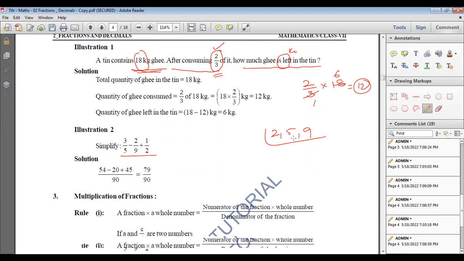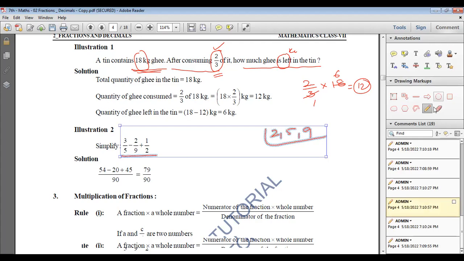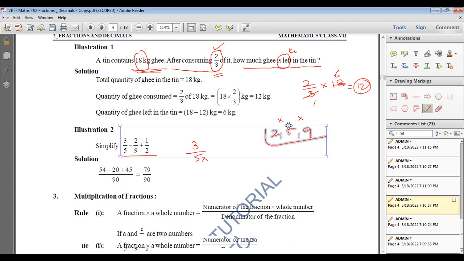All are prime numbers with no common factor, so simply multiply them. 2 fives are 10, 10 nines are 90. LCM was 90. So very simple, children. For 3 by 5, when the denominator is 90, you just leave the denominator 5, and multiply the rest of the 2 numbers. Only a simple technique.